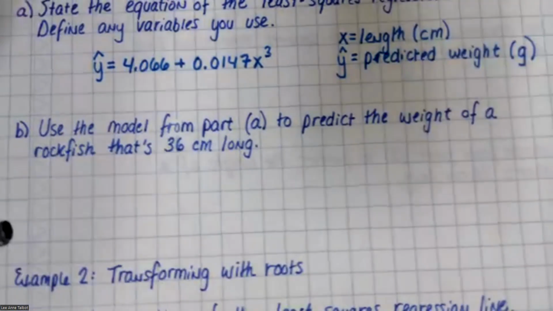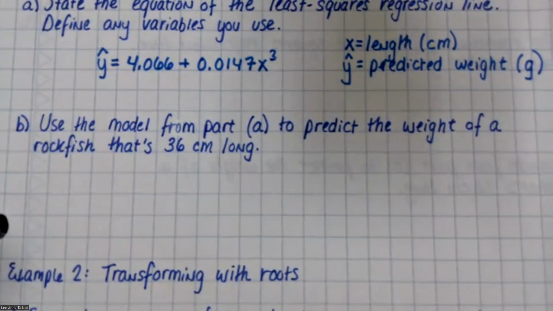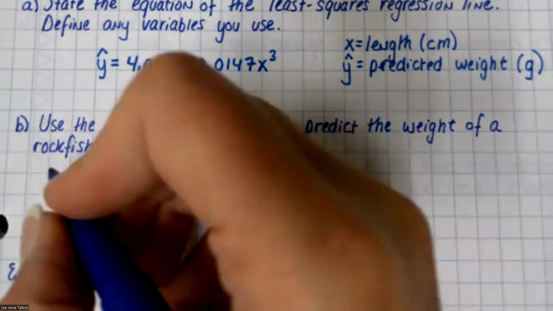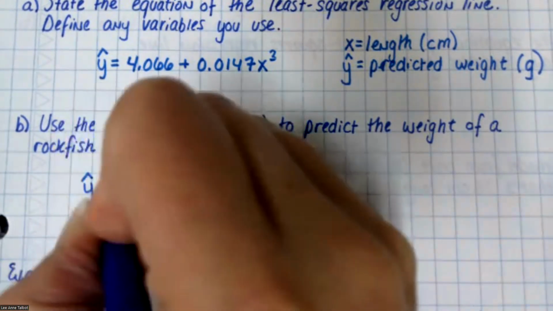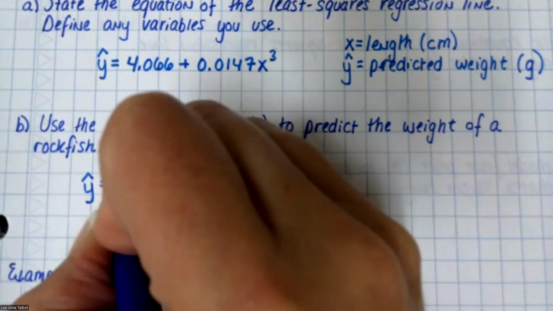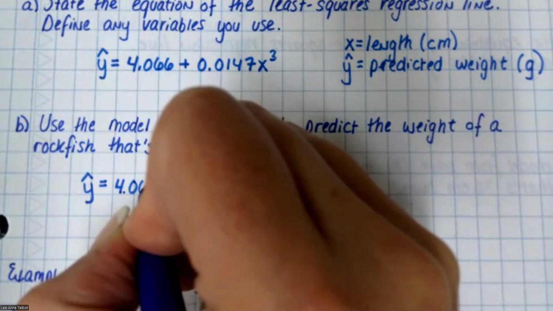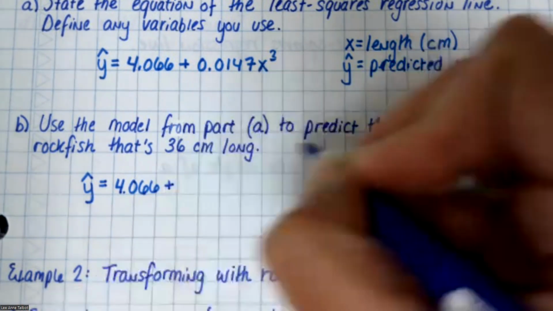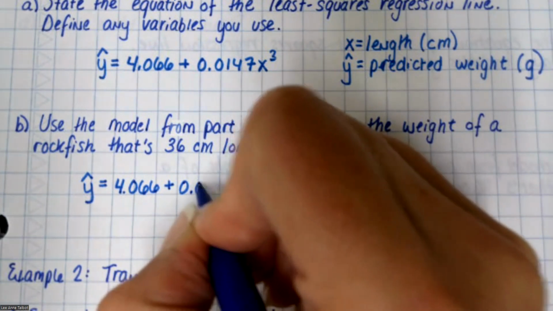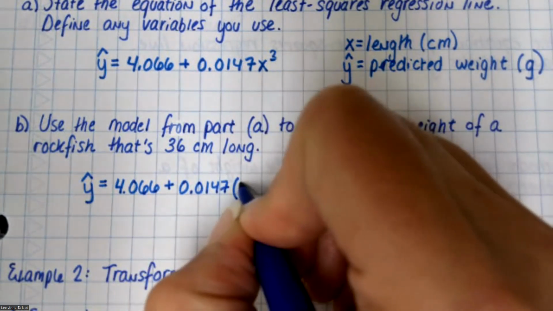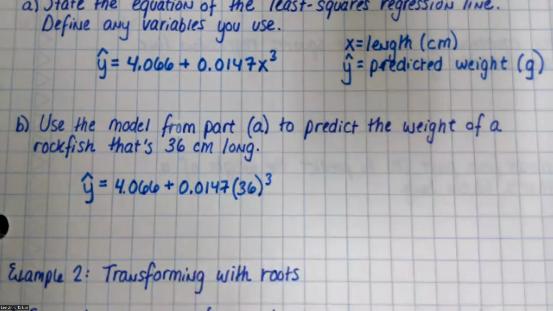Okay, use the model from part A to predict the weight of a rockfish that's 36 centimeters long. Easy. Y hat equals 4.066 plus 0.0147 times 36 cubed.